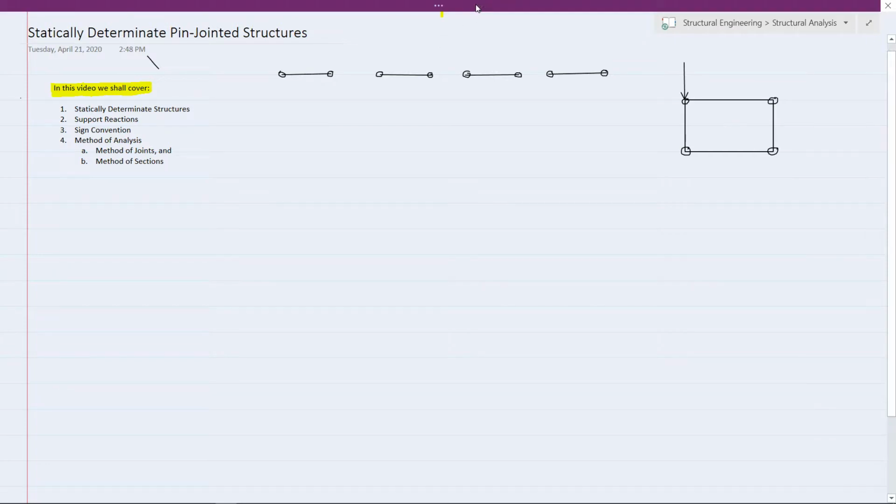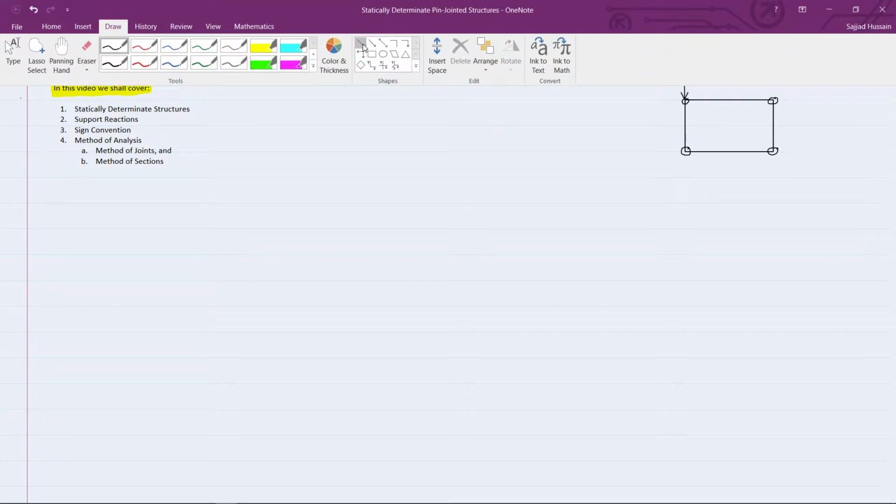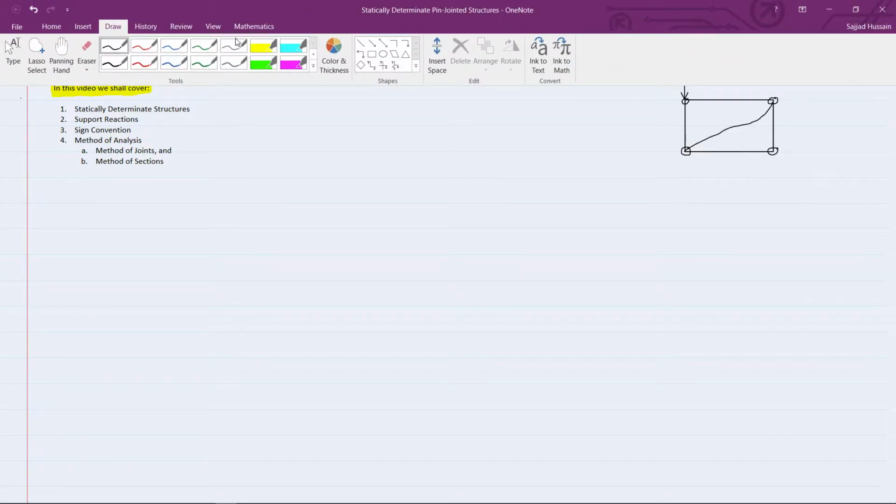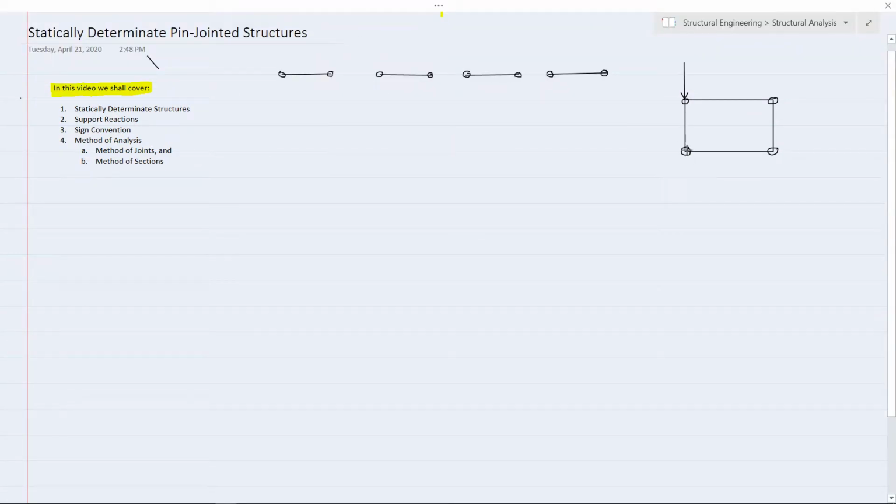So if we want to make it stable, we have to add a member diagonally from this point to this point.